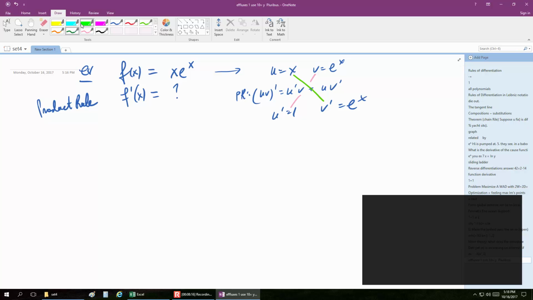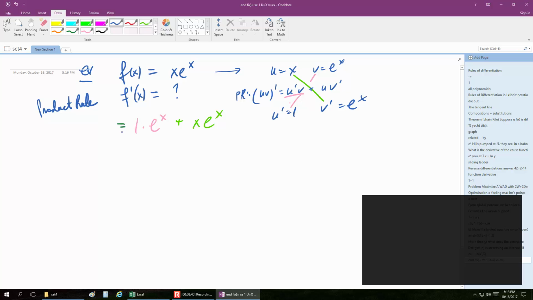So if I substitute now, what I get is u prime, 1. That's the first term. So it will be 1 times e to the x, and the second one is the green one. It is x times e to the x. Okay, so that's my derivative.